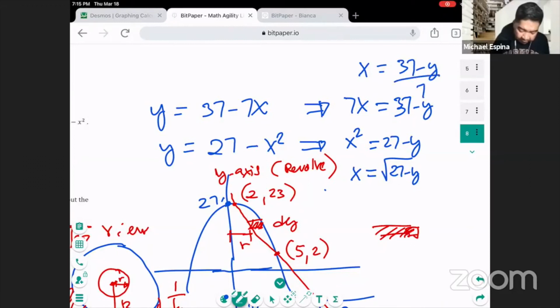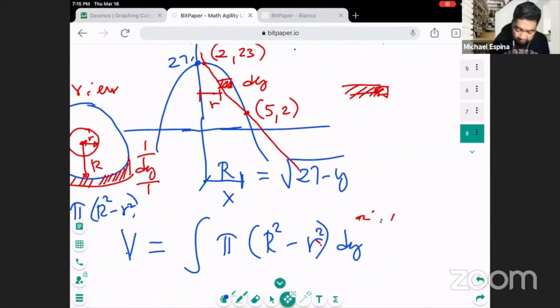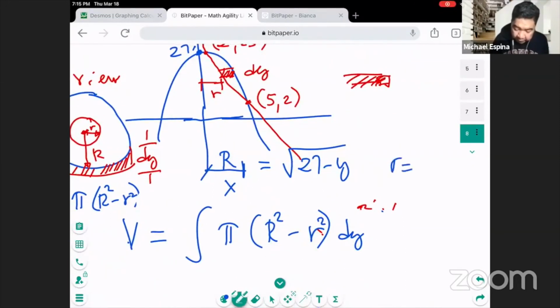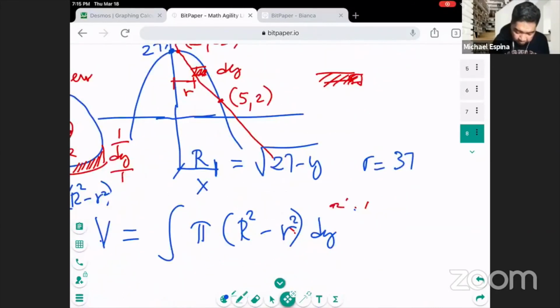So that's our small r here. Okay, let's try to substitute it here. So small r is 37 minus y over 7.